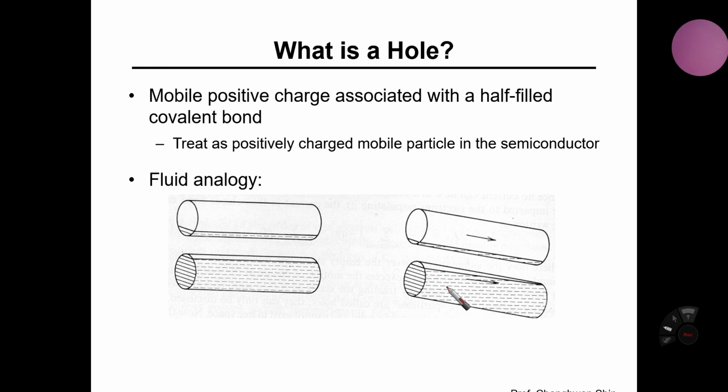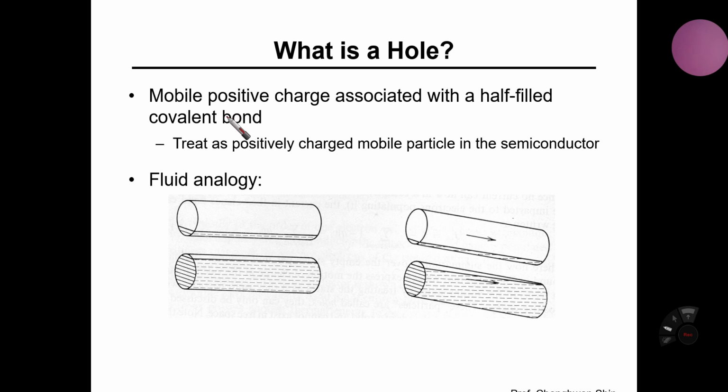Now, before wrapping up this movie clip, let's take a look at the question. What is a hole? Now you can guess the hole is a kind of vacancy in a crystalline silicon material. However, once an electron is freed out and becomes a conduction electron, a hole is always created together. So here is one point that you may still be puzzled about: how come the hole is positively charged?